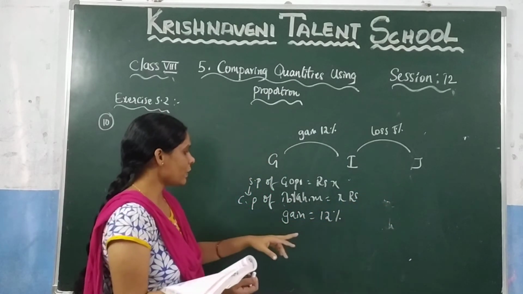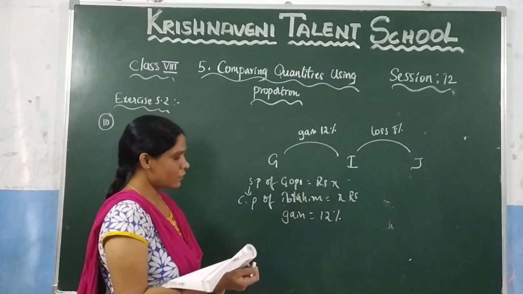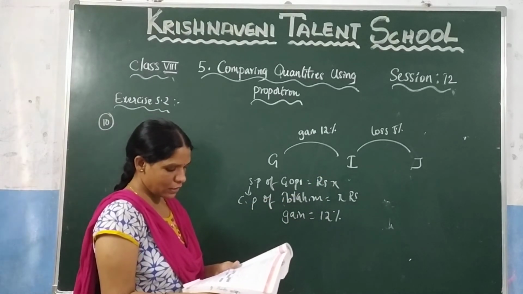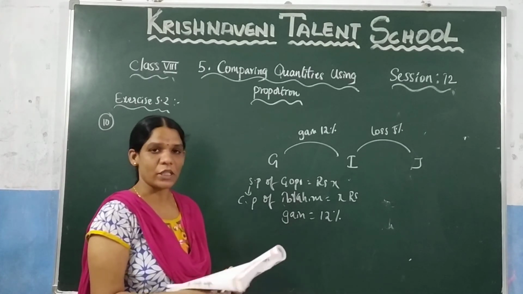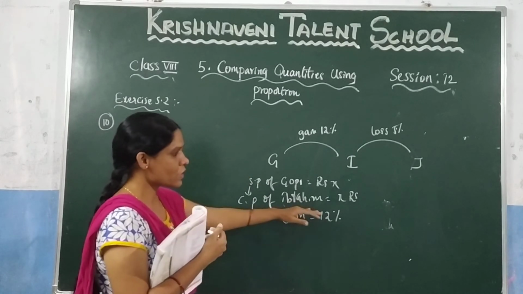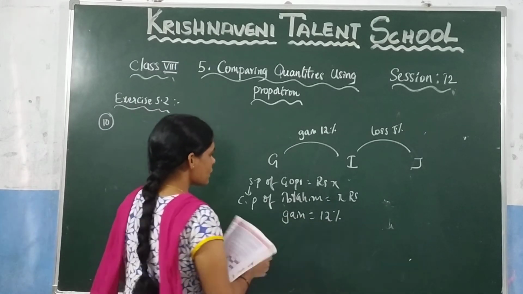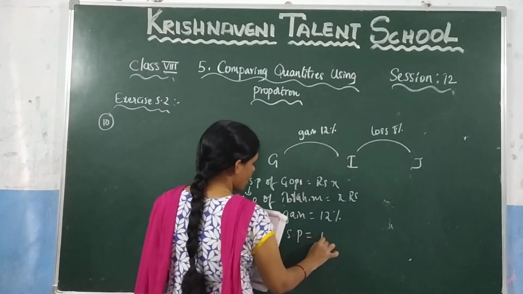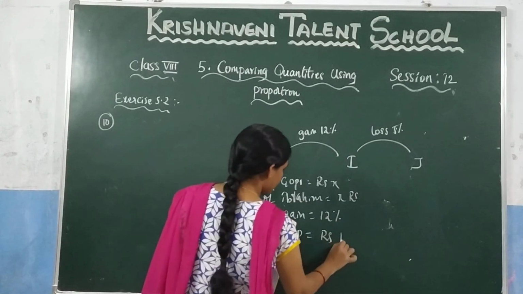That one will become the selling price of John, right? Now they ask, find how much Gopi sold it for. You need to find the selling price of Gopi. That means you need to find the cost price of Ibrahim. So the selling price of Ibrahim is nothing but 1,330.